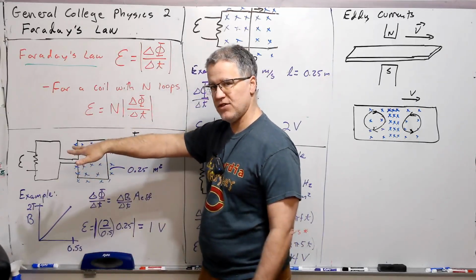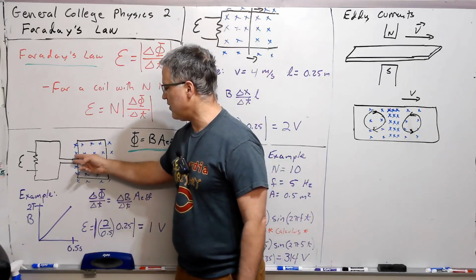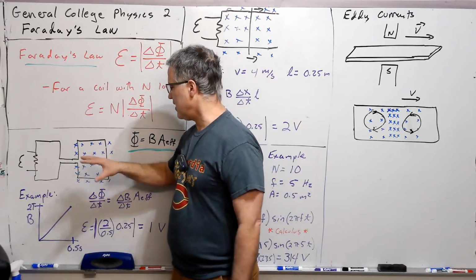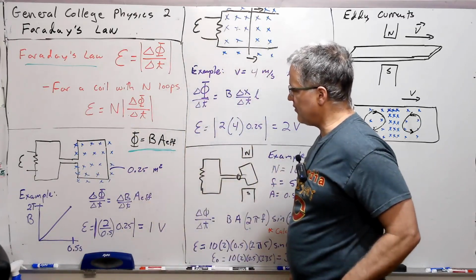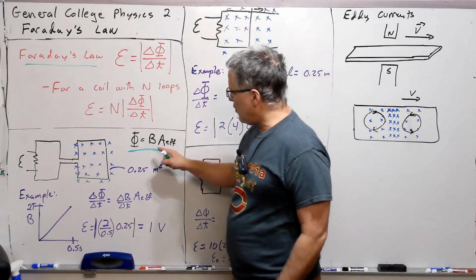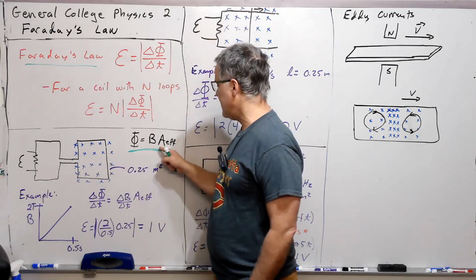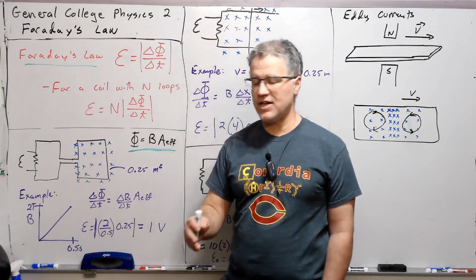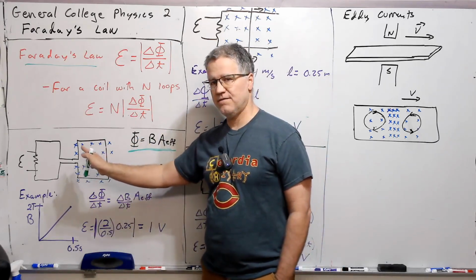The field is going into the board, and we've produced here basically a loop. We have to connect our wires back to the main circuit, but we've created this loop here, and we have a field going through it. So the flux then is going to be this field strength, whatever that is, times the effective area. Well, in this case, the effective area is the full area because we have this facing perpendicular to the incoming field lines here.